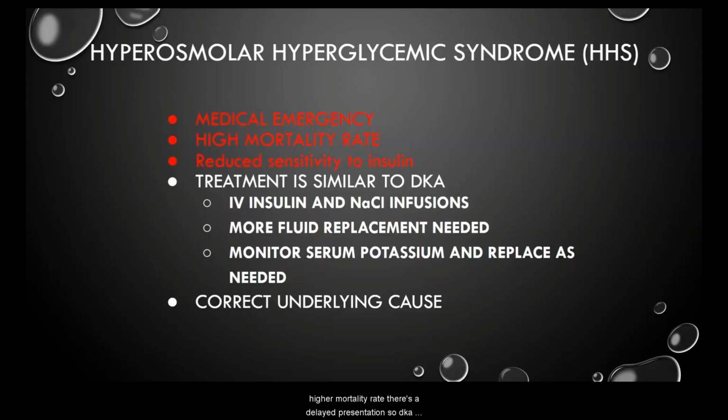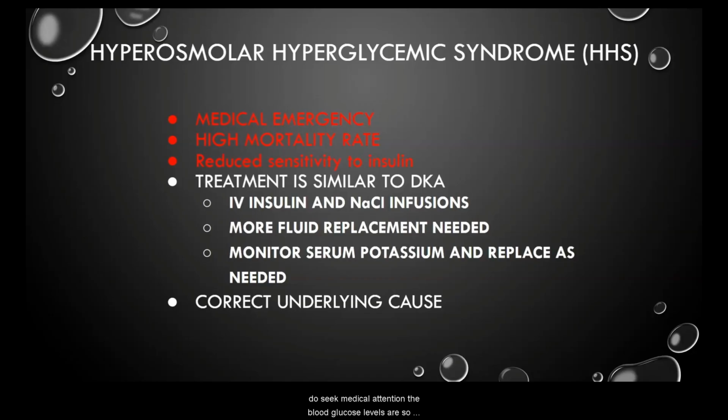There's a delayed presentation. So DKA often shows those dramatic symptoms like nausea, vomiting, abdominal pain. So you have some of those trigger symptoms that would indicate they're getting sick. HHS has more subtle initial symptoms. So they'll often delay seeking medical attention.